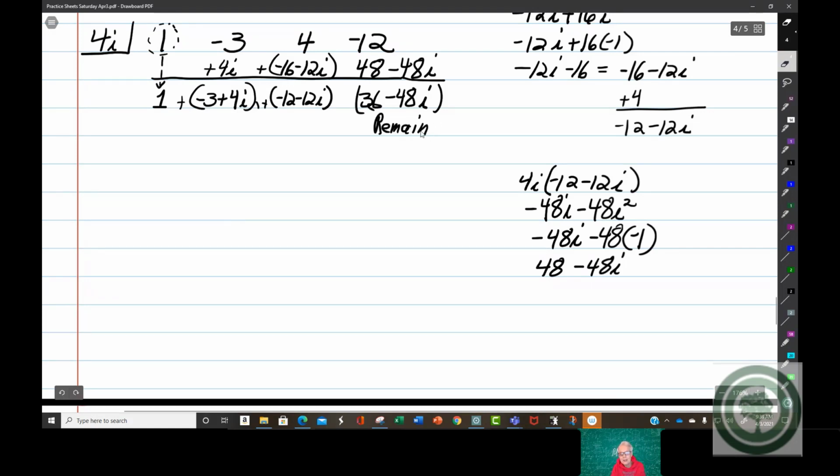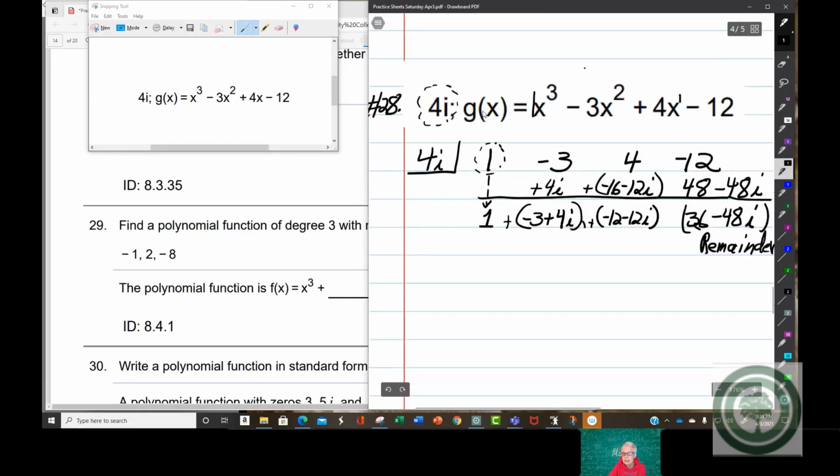This is a remainder that is not 0. So 4i is not a 0 of this polynomial right here, that, g of x.